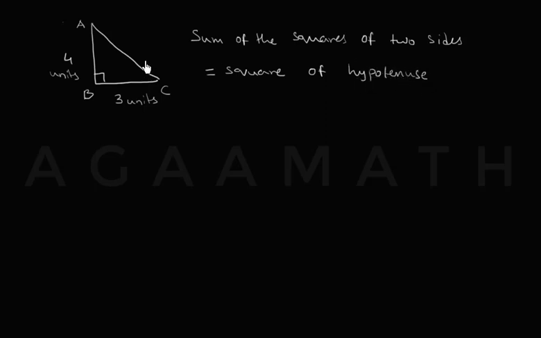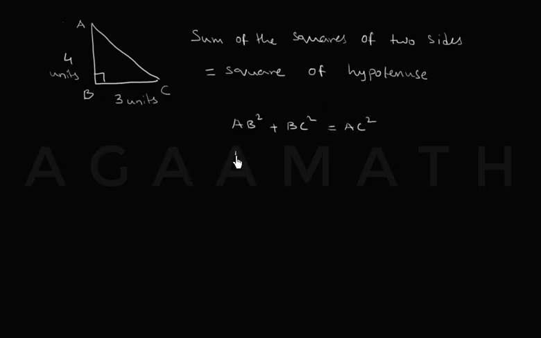This is said to be the Pythagoras theorem. So according to this, the sum of the squares of two sides means AB square plus BC square is equal to AC square.